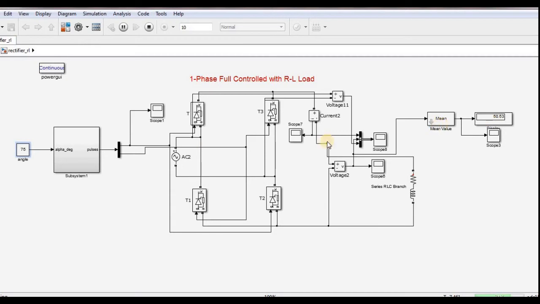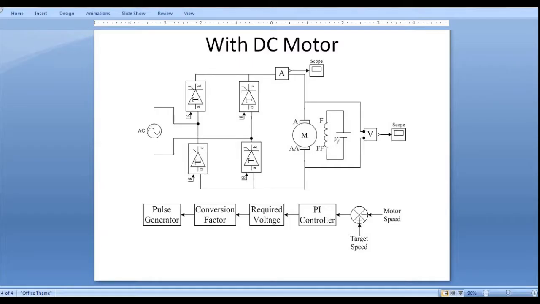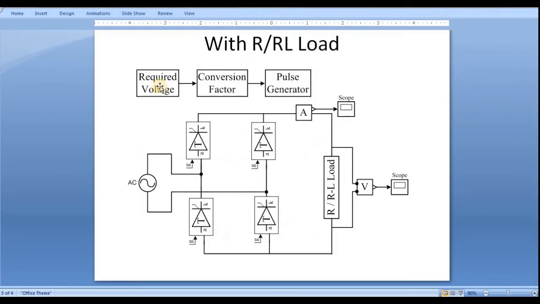And this is not closed loop. Whatever we discussed here, this is the closed loop. Here pulse generator is there, conversion factor is there, and required voltage is there. So I want required voltage to conversion factor to pulse generator. So required voltage to conversion factor I remove.